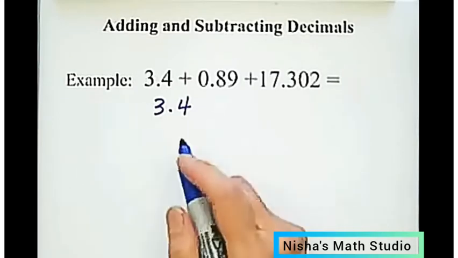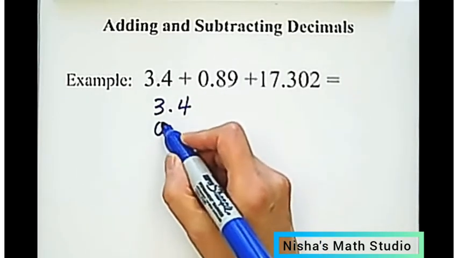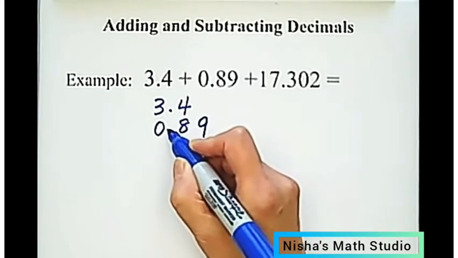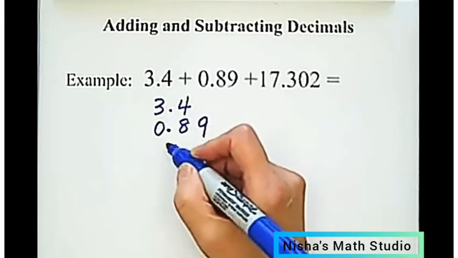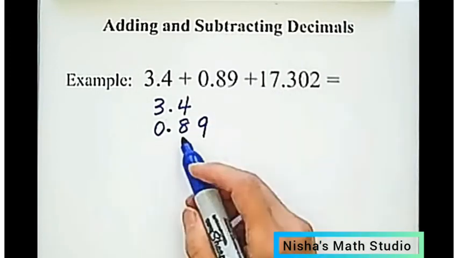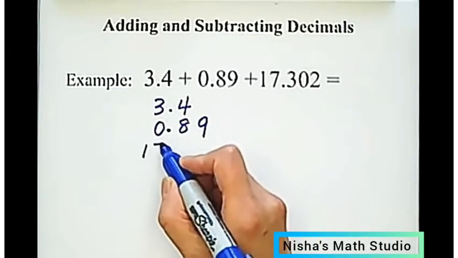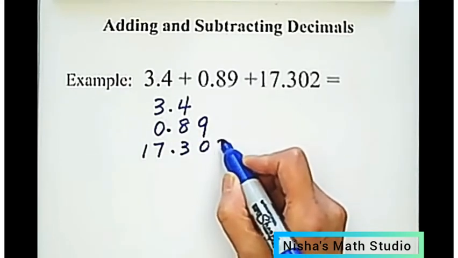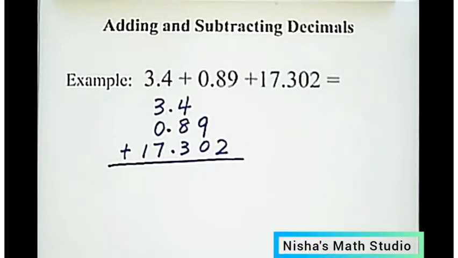But 0.89, so 0 comes in the unit place, 8, 9. Now, the decimal points should come one below the other. Then you have 17, which comes before the decimal point, and 302. Let's add it now.